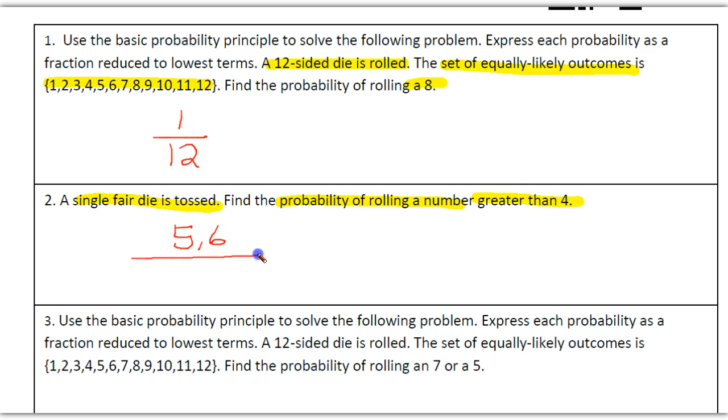So rolling a 5 or a 6 out of a possibility of 6, that would be 2 possible selections out of 6. So here there's our basic ratio. The probability will be 1 out of 3.